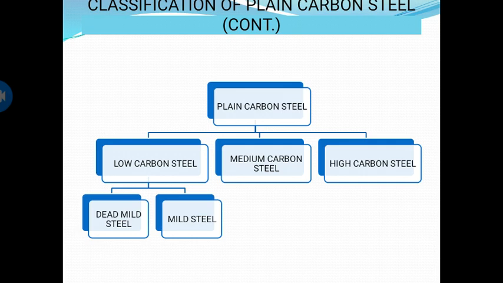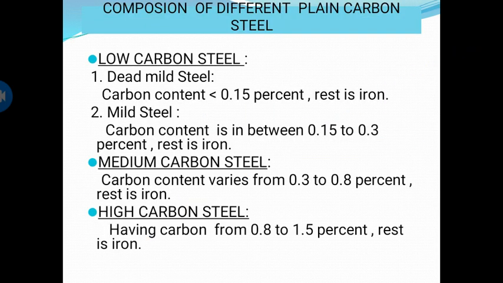So you can summarize the classification of plain carbon steel as divided into three types, that is low carbon steel, medium carbon steel, high carbon steel. Again low carbon steel is divided into dead mild steel and mild steel.